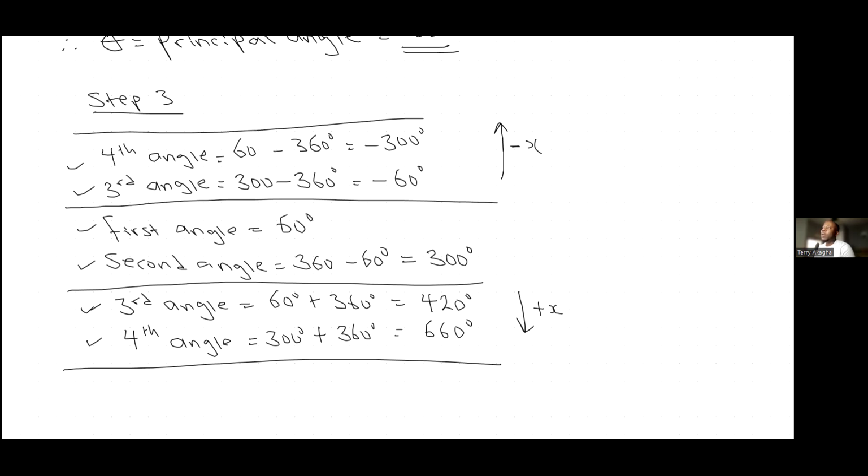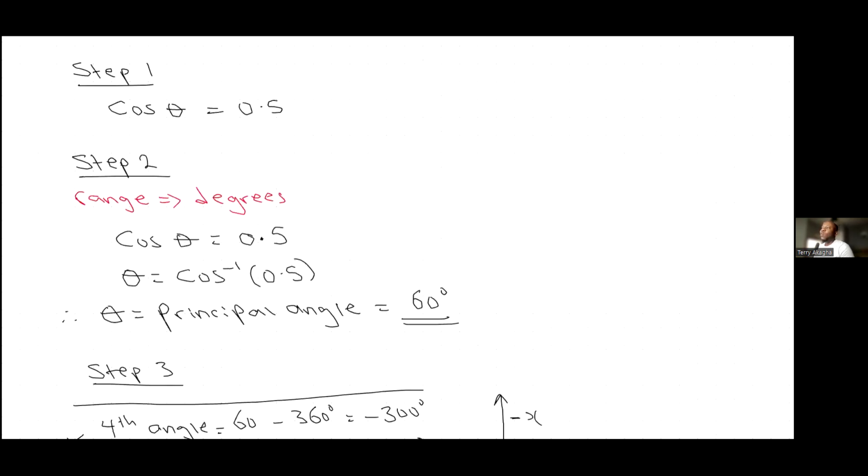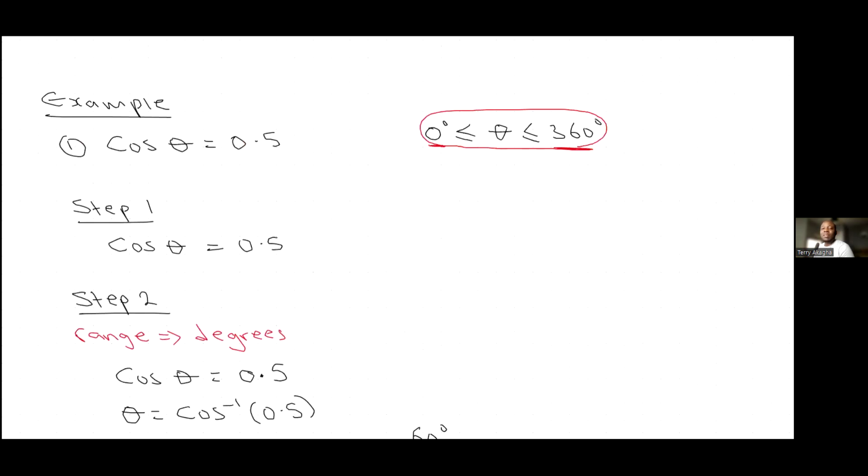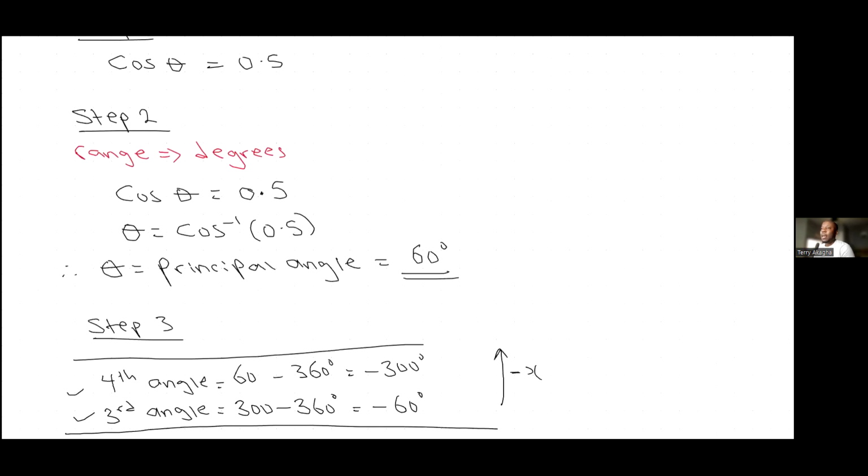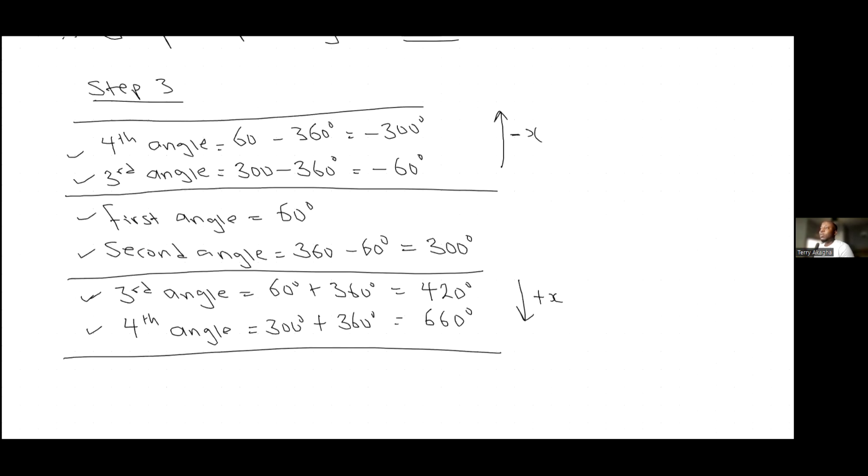You have to now look at the range. They are only interested in answers between 0 and 360. So if you look at what I have here, the only ones that fall between 0 and 360 are this one and this one.